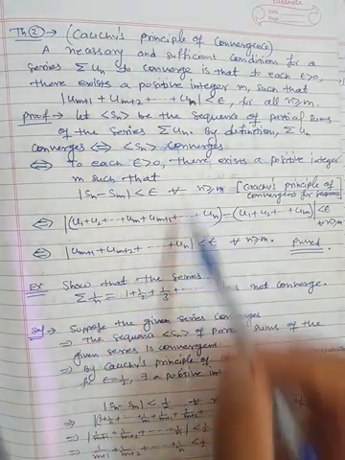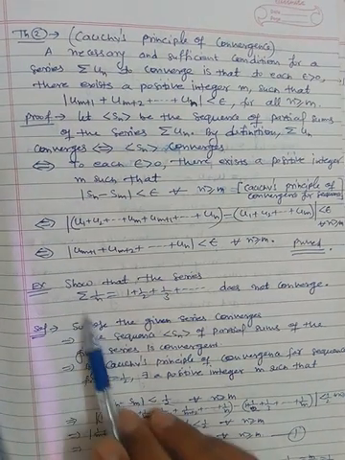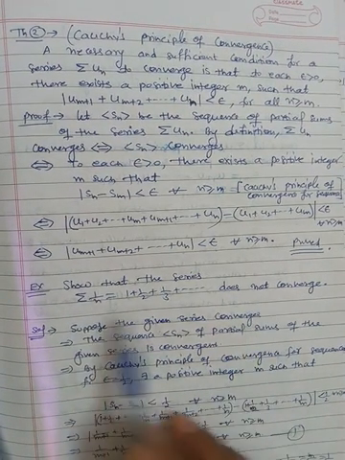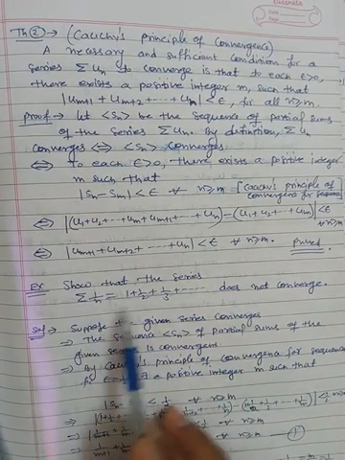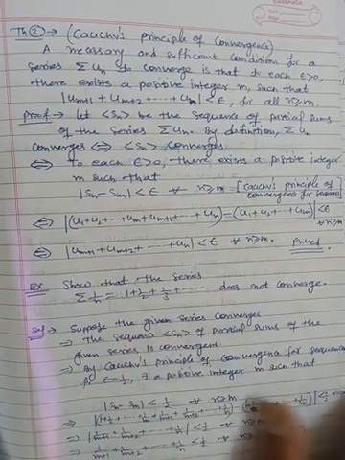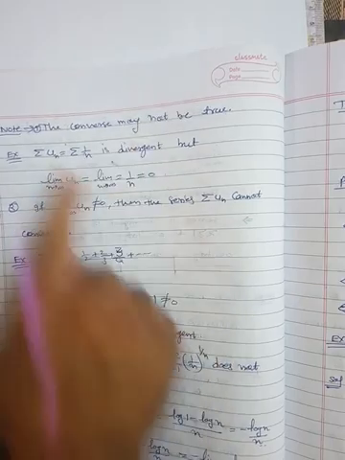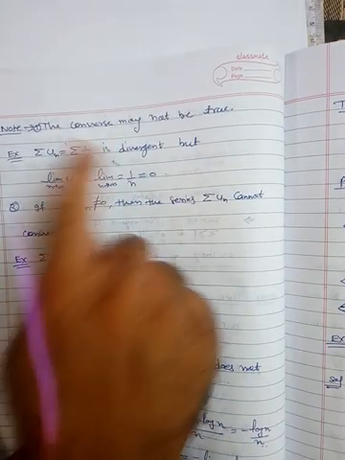Now we apply this concept to an example: show that the series 1 by n does not converge. How to prove that this is a divergent series? Here is the logic.